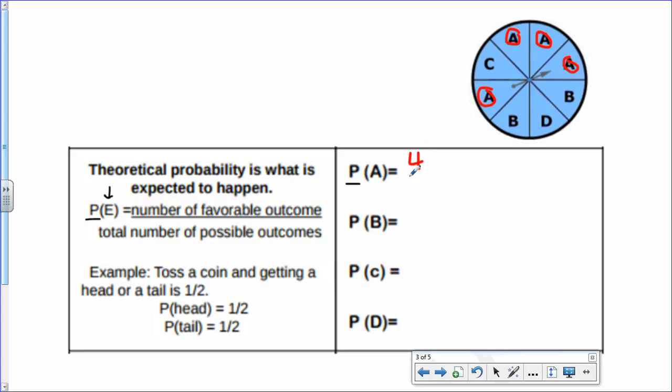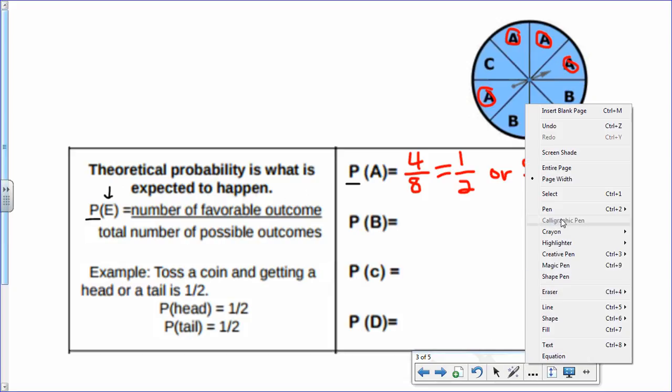And then there's 8 possible outcomes, so it's 4 over 8, or we can simplify that down to 1 out of 2. It's also easier to compare probabilities sometimes when they're written as percents. So we know from our builders that 1/2 is 50%.